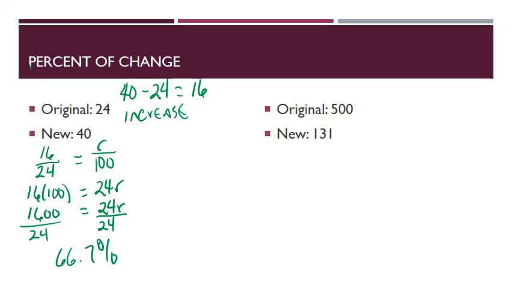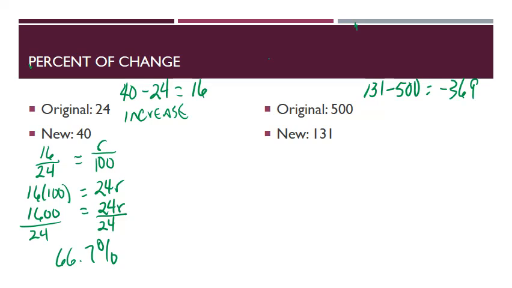One last one. Okay. I've got an original amount of 500, a new amount of 131. So I'm going to take my new amount, 131. I'm going to subtract from it the original, 500. I probably want to use my calculator. 131 minus 500 comes to negative 369.